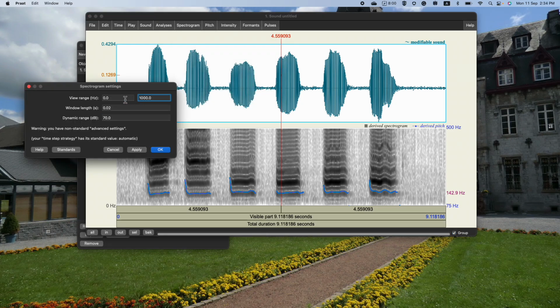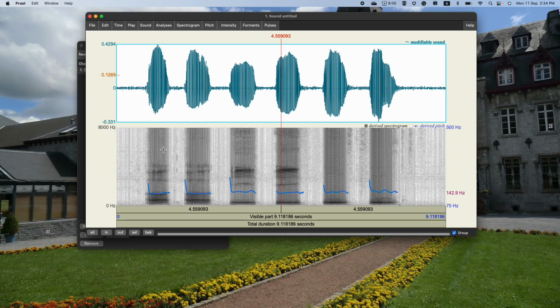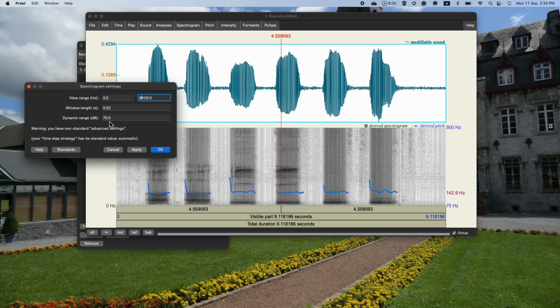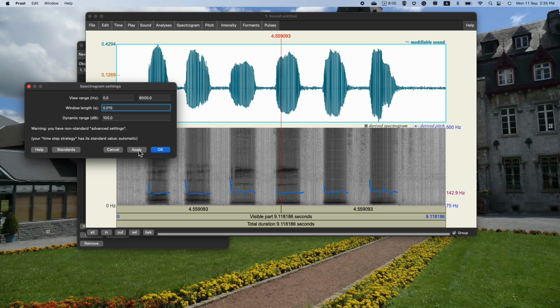Let's say we go to 8000 Hertz. It's still very sharp. I want to reduce the frequency resolution. I'm using 20 milliseconds. Let's increase the dynamic range and make the window size even smaller. 15. Doesn't help.